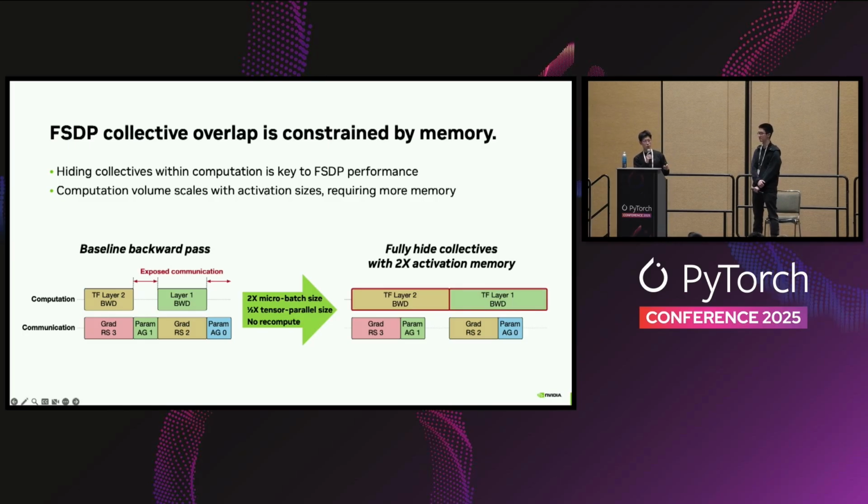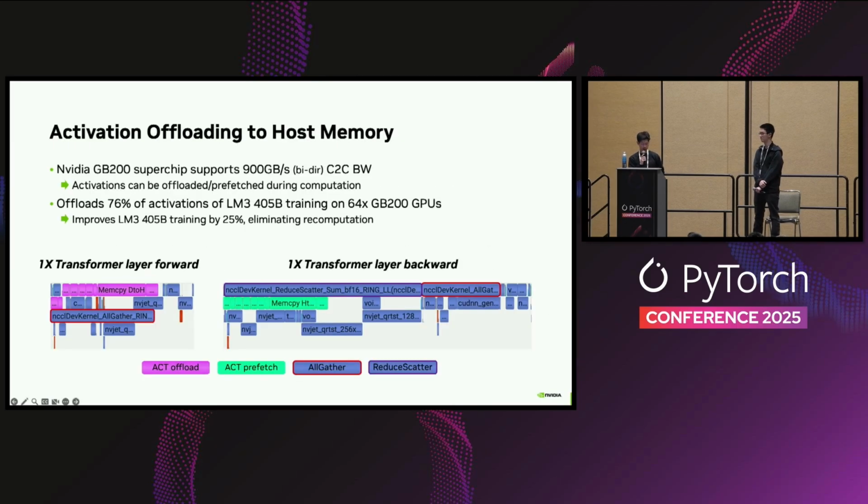If your computation volume is not enough, your communication is exposed. This computation volume is proportional to your activation size, such as your sequence length and microbatch size. To actually hide it, you're supposed to increase your microbatch size per GPU or reduce the tensor parallel size, so you can make your figure look more like the right side. However, that needs more GPU memory.